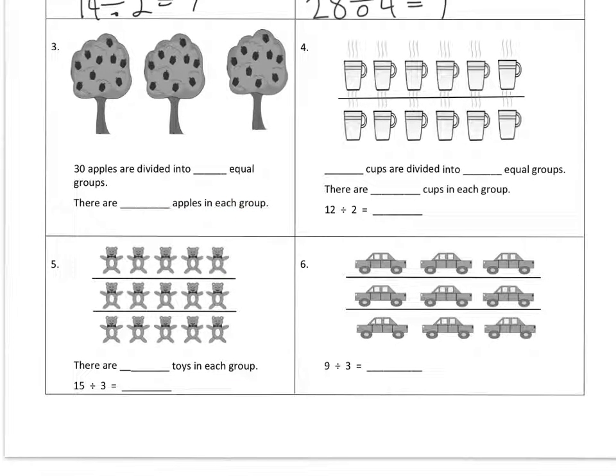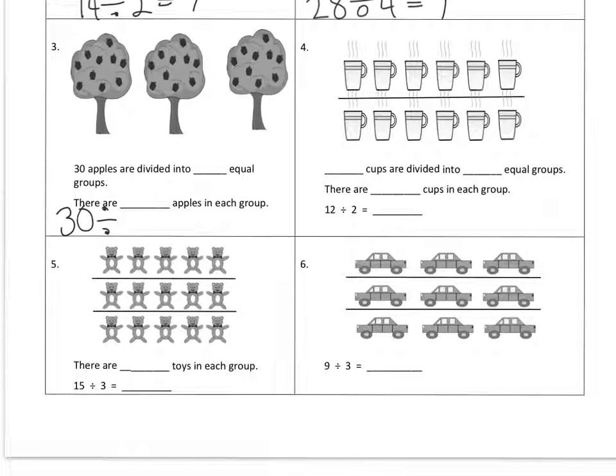Ooh, so this is asking us to find 2 factors. It gives us the total, which is 30, divided by, we don't know. How many groups do we have? Let's see, we have 1 tree, 2, 3 trees. That's 3 groups or 3 trees.